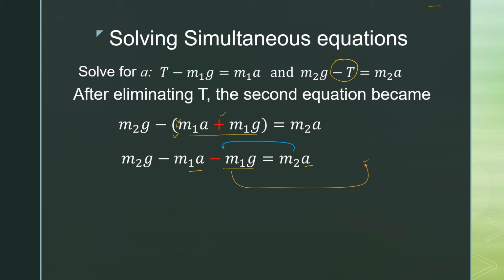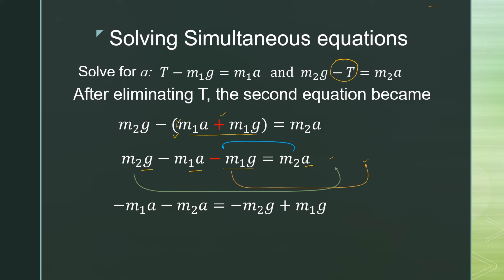This one has to come this side because there is A in here. Similarly, this one doesn't have A in it, so it's going to go to this side. Okay, so after this movement, it looks like this.